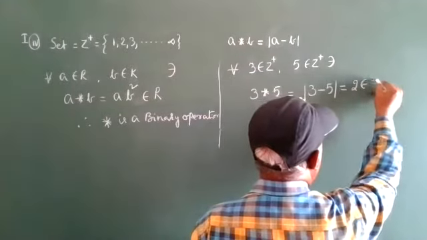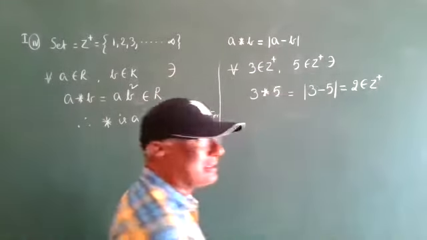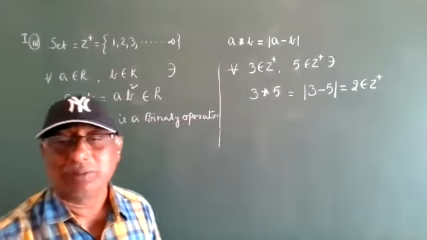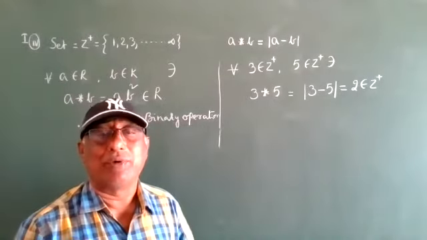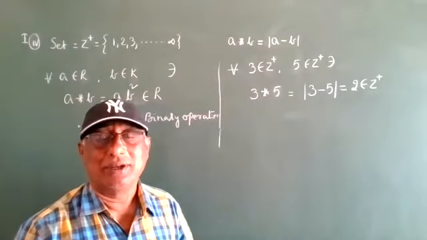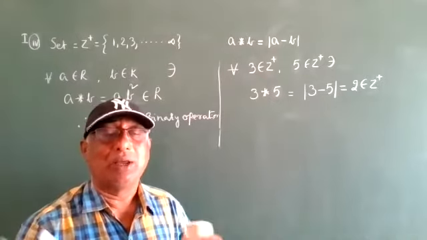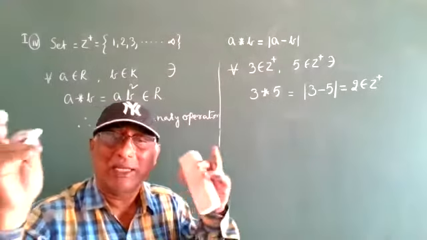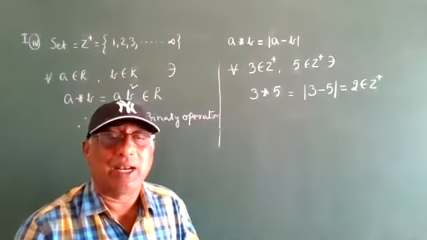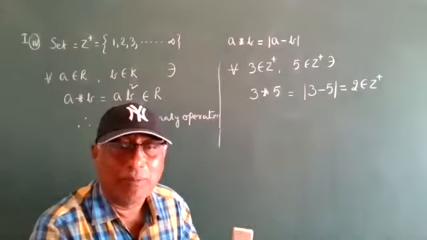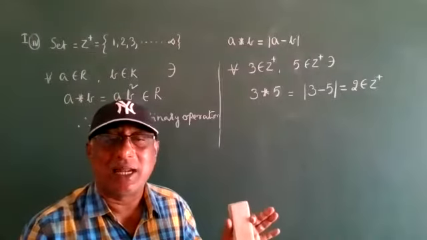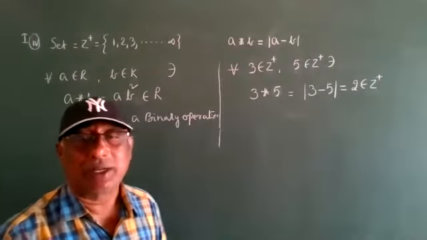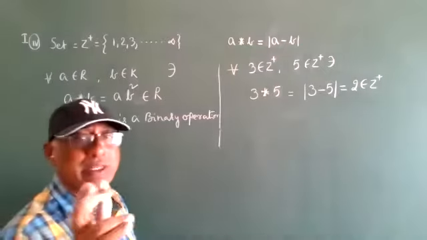The result value also belongs to Z plus. Therefore, it is a binary operation. After the star operation, if we get a result that belongs to the same set, we say it is a binary operation. Otherwise, it is not a binary operation. Okay, clear? Now it is successful.